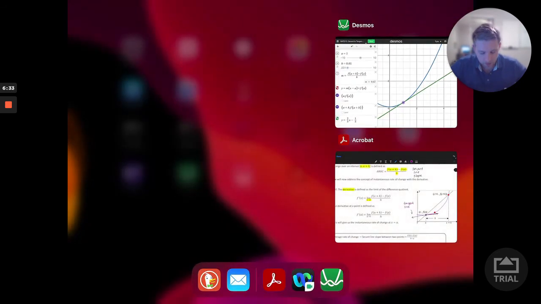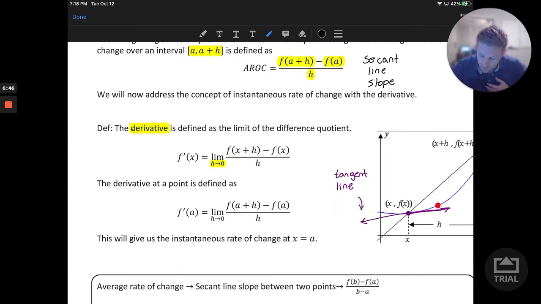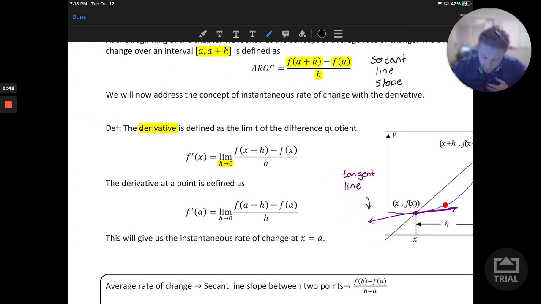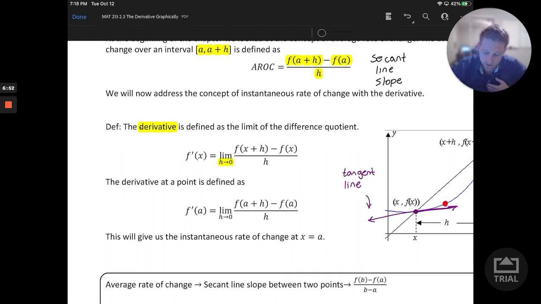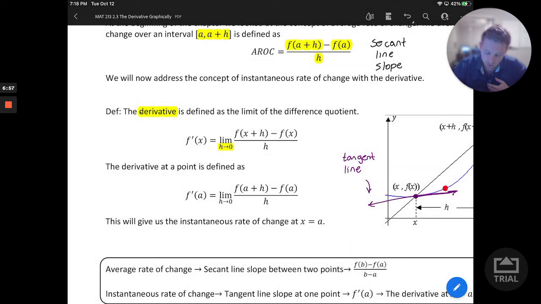So let's take a look at some notation now to go along with this idea of a derivative. When we say derivative, we're thinking the instantaneous rate of change. So both of these would be the instantaneous rate of change. Specifically, when we think about f prime of x, that's the general derivative here.